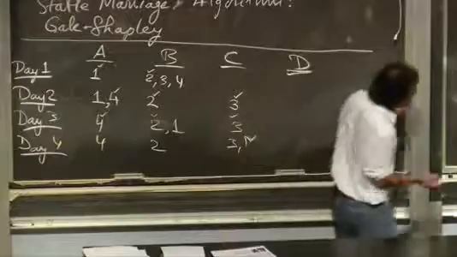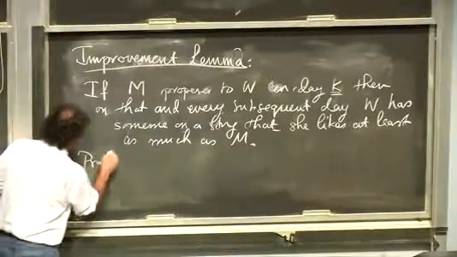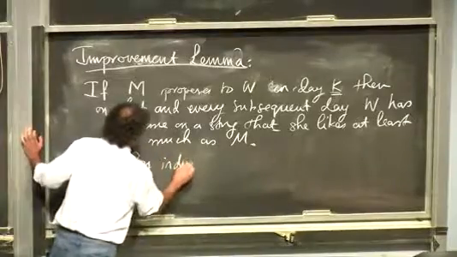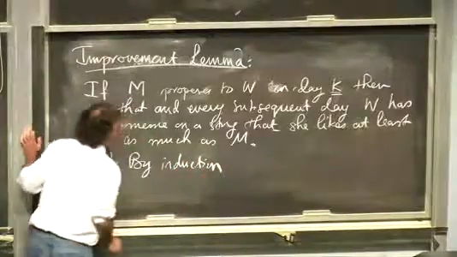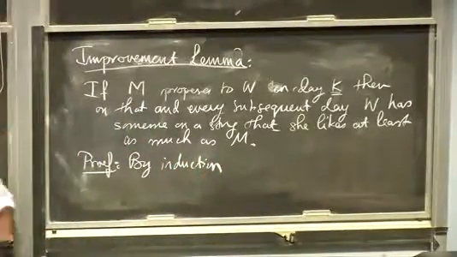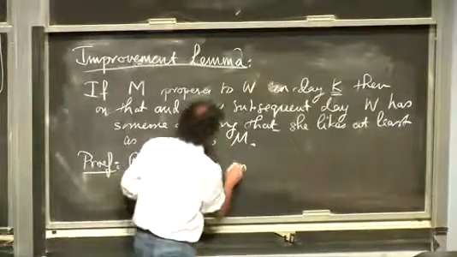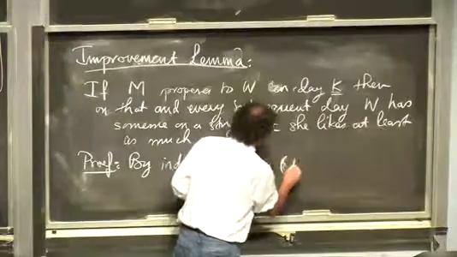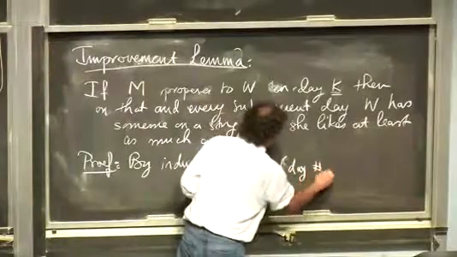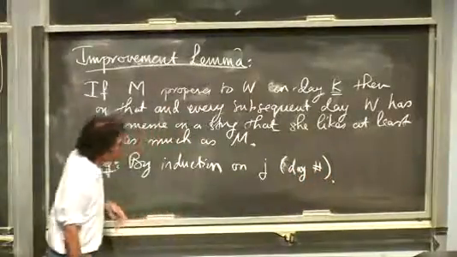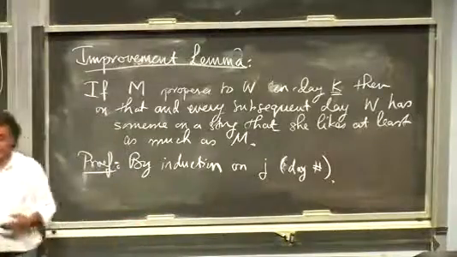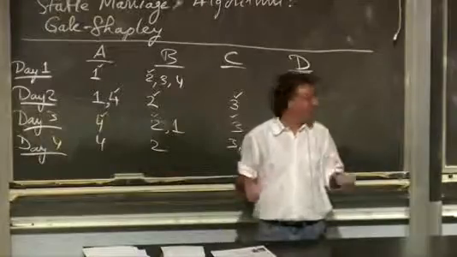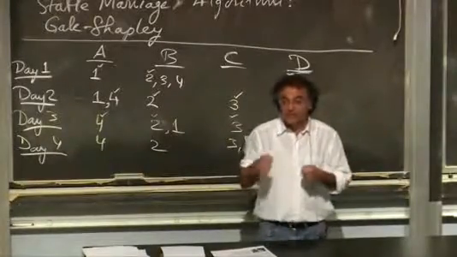And how would you prove it? Well, you'd prove it, of course, by induction on j. What we want to show is that for every j greater than or equal to k, she has somebody on the string who she likes at least as much as M. You do that by induction on j.